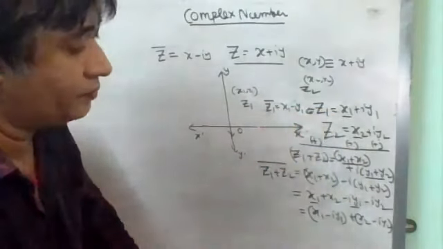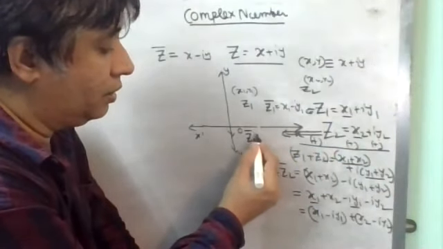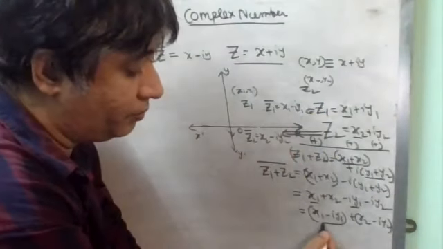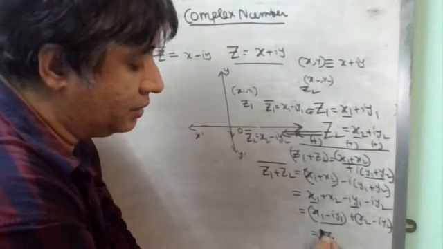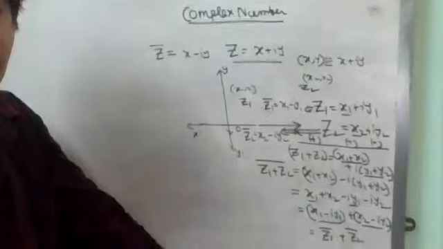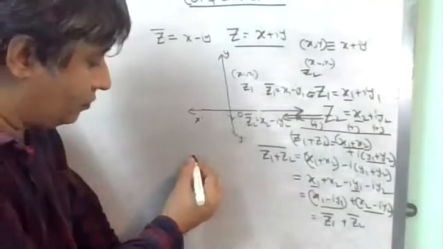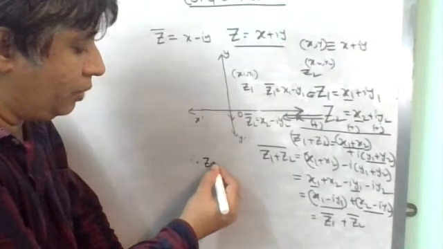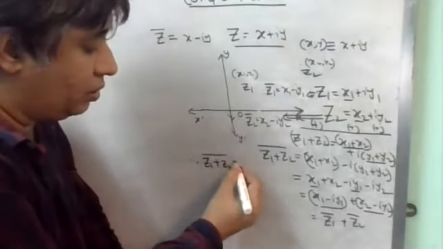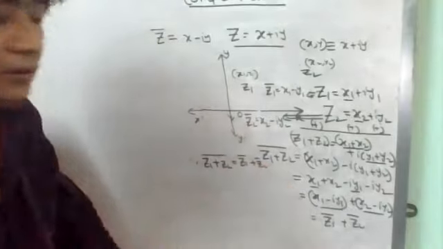In the same manner, z2 bar is equal to x2 minus iy2. So instead of this, I can write z1 bar, and instead of this, I can write z2 bar. So we have got a new property. Therefore, z1 plus z2 whole bar is equal to z1 bar plus z2 bar.